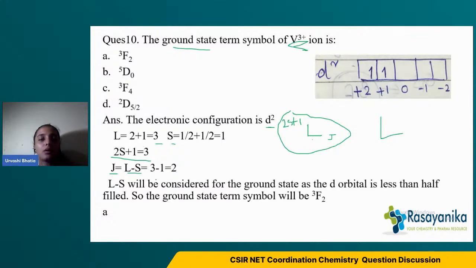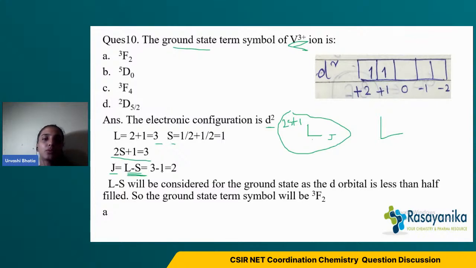But we have considered L minus S because this configuration is less than half filled. When do we get half filled? When all of these are singly occupied. This configuration is less than half filled, so we are going to consider L minus S for the J value, the spin orbit coupling value.